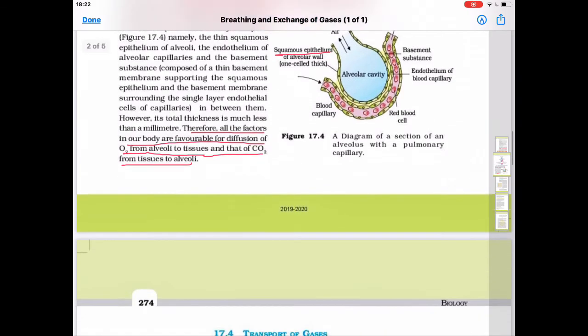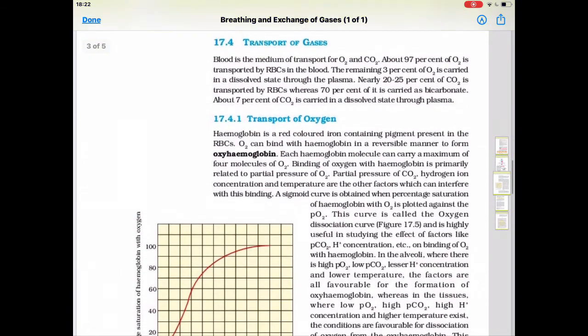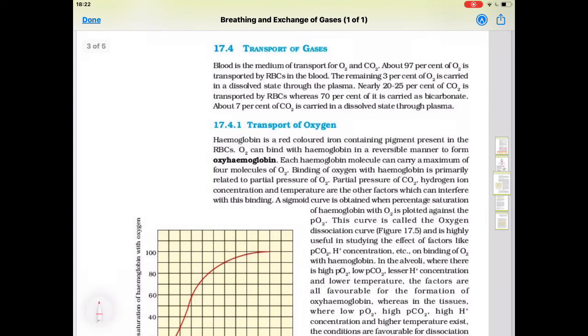Next is transport of gases. Blood is a medium of transport for oxygen and carbon dioxide. About 97% of oxygen is transported by RBC in the blood.